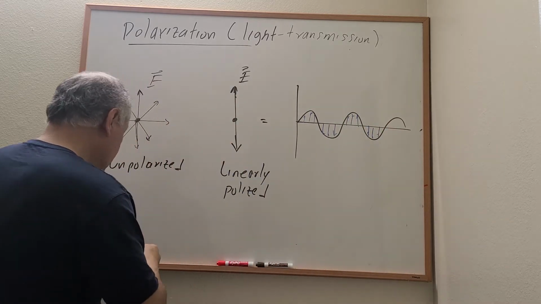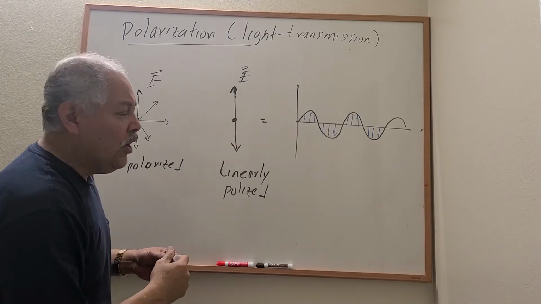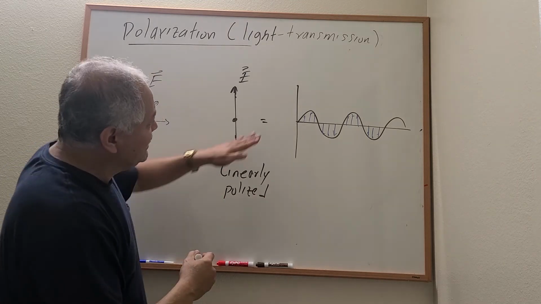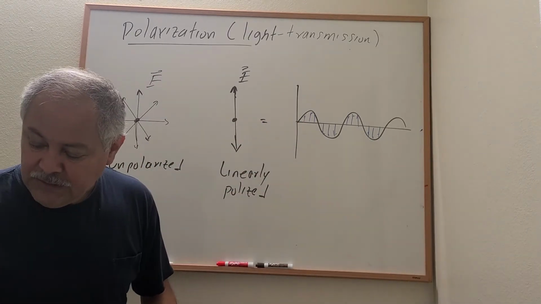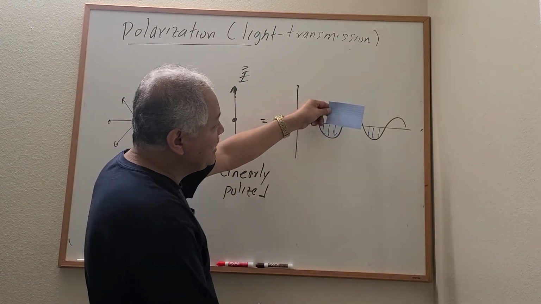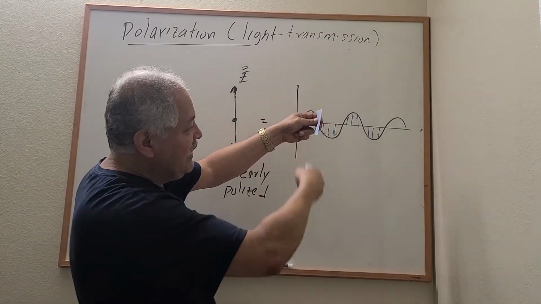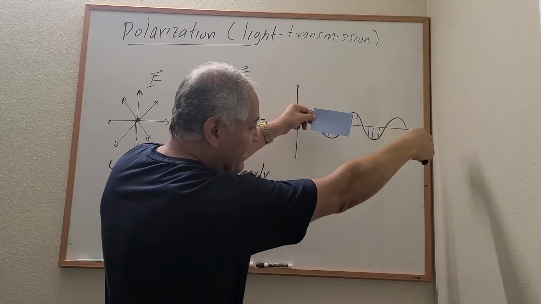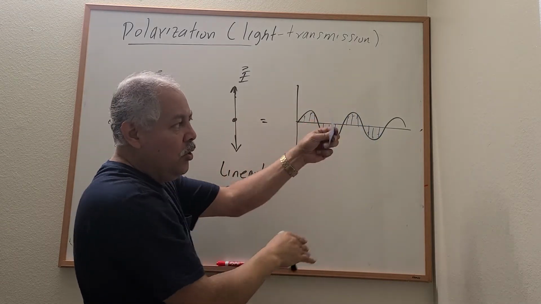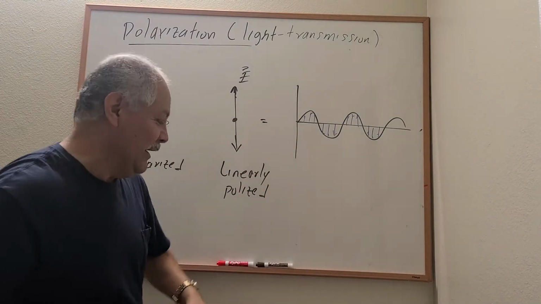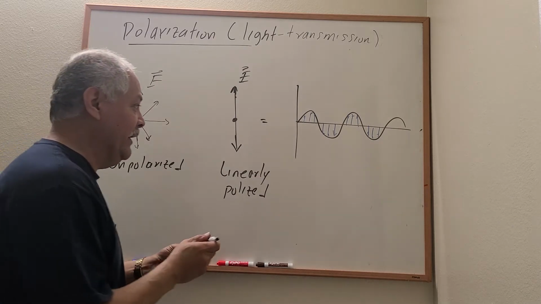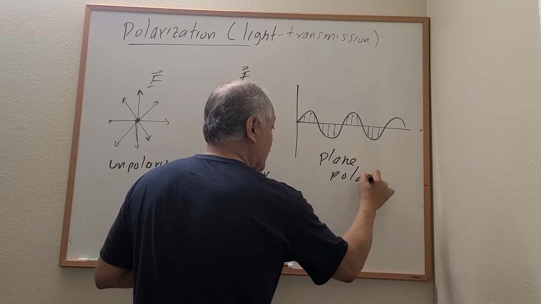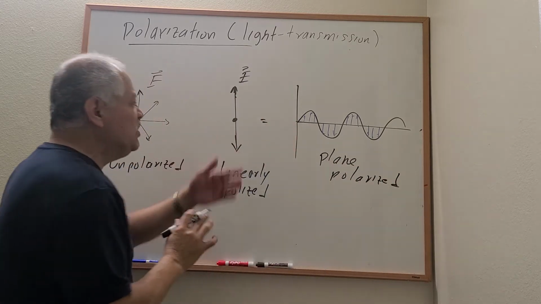And of course, these two are the same type of polarization, because we can see this as a plane. When we turn it toward here, we see only that, moving up and down. When we move back again, it's the wave moving in that way, in a plane or in a line. The same idea. So we call this plane polarized. But these two are the same.